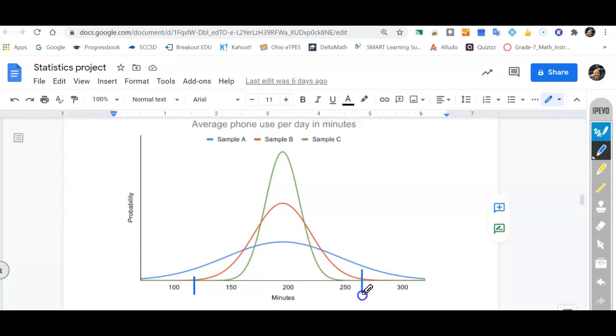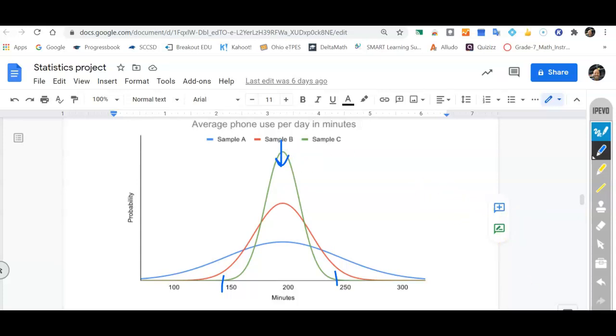The most they use their cell phone is 275. You know they're going to use it somewhere around 190 to 210. Then we've got sample C. That person is guaranteed to use their cell phone almost 150 minutes to 250 minutes a day. Most likely they spend 200 minutes on it.